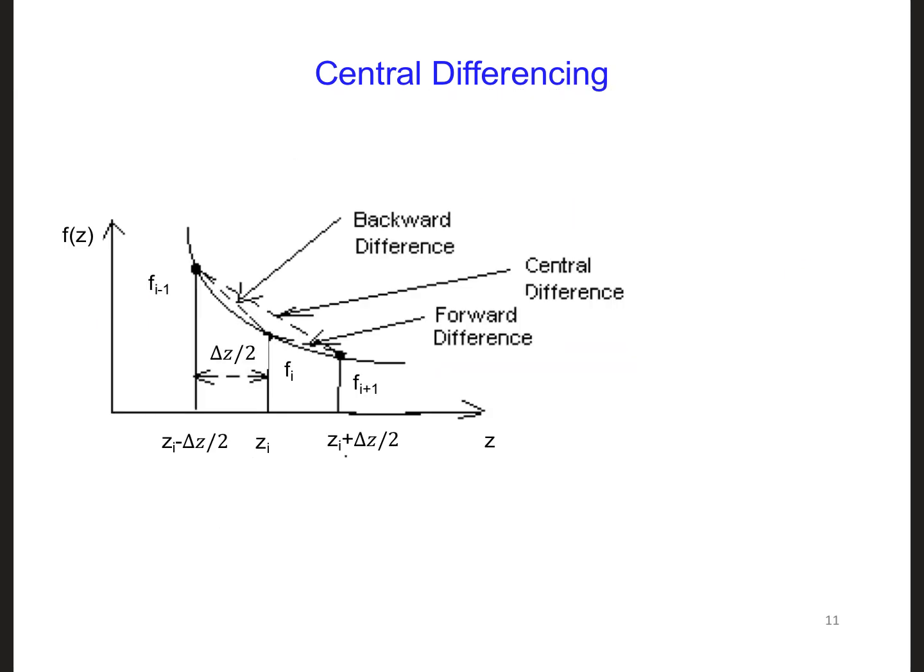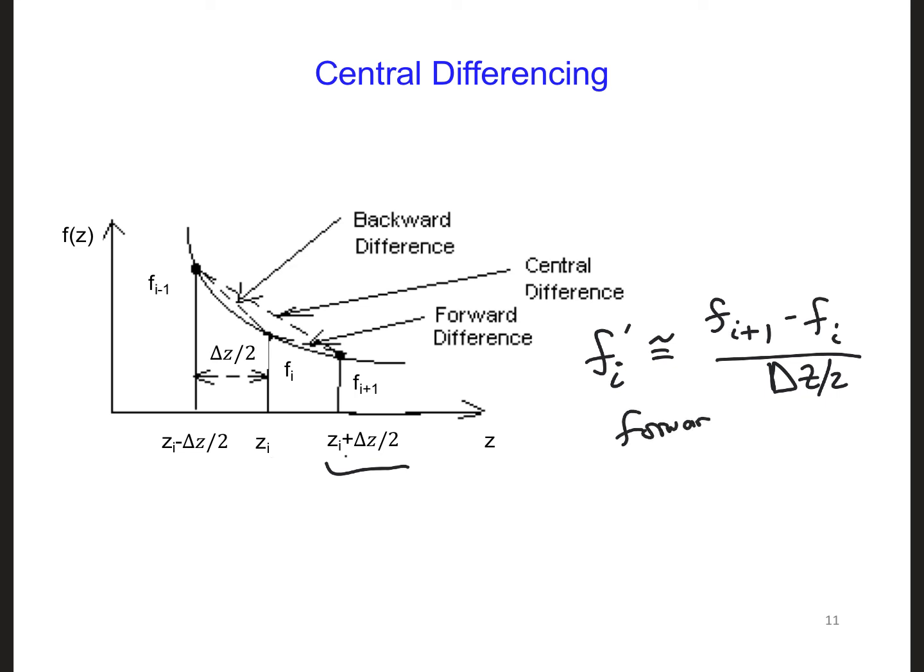Here is that plot again, and then numerically, if we want to write out the slope, the derivative with respect to z at i, if we use forward differencing, we'll say this is about equal to, because it's an approximation, f at position i plus 1, with zi plus delta z over 2, so one value to the right, minus the value at which we want the slope at the location, divided by delta z over 2, because that's the distance away from each other. This is the forward differencing approach.